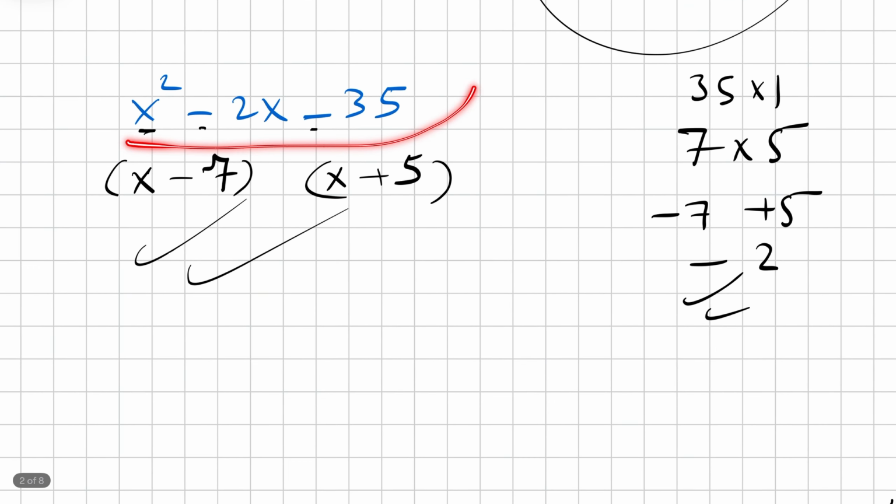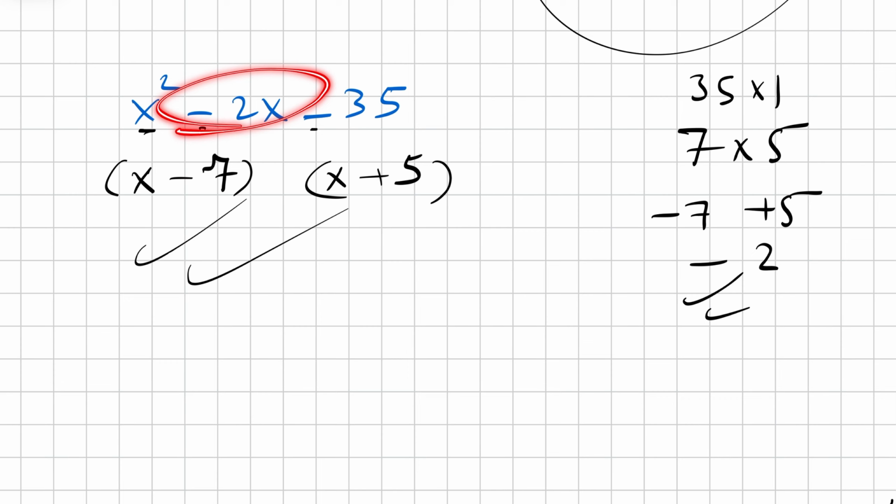When you have a quadratic expression, you need to look at the constant, you look at the sign. In this case it is negative, so one is going to be negative and one is going to be positive. But you're going to look at the middle sign, which will decide which number will take the negative and which number will take the positive.